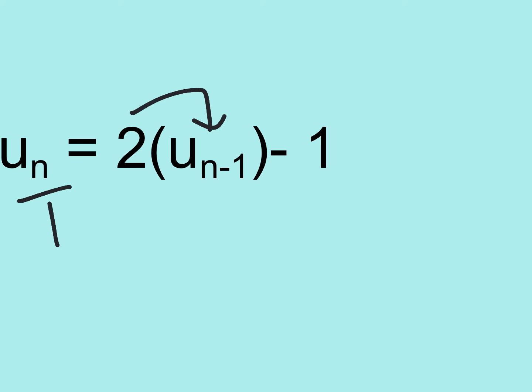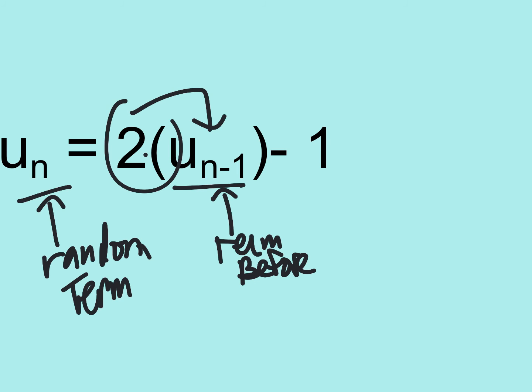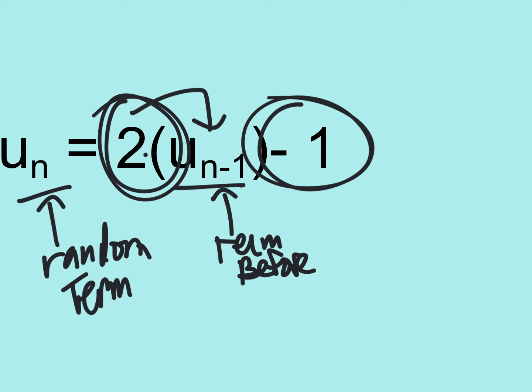Remember, this is any random term. And this is the term before it. So you take the term before it, and you times it by 2, and then you subtract 1. You got to do both? Yep. You times by 2 and subtract 1.